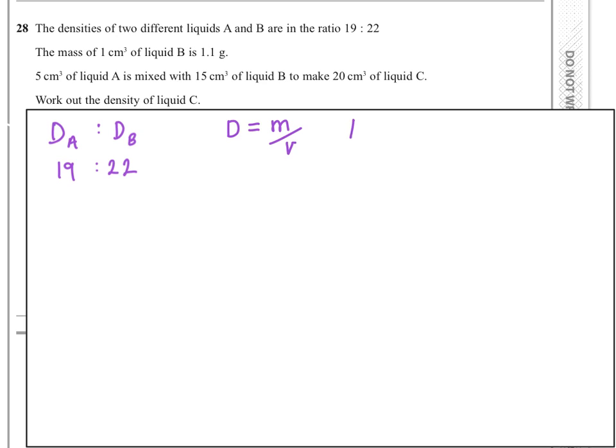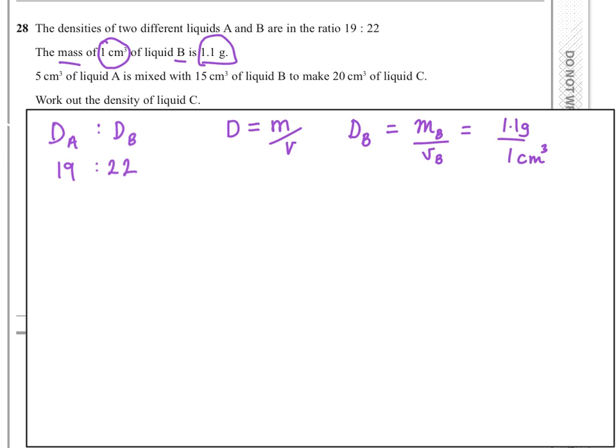So the density of B is the mass of B over the volume of B, and it tells us that the mass of 1 centimetre cube, i.e. the volume, so we can say that's 1 centimetre cube, and the liquid B, the mass is 1.1 grams.